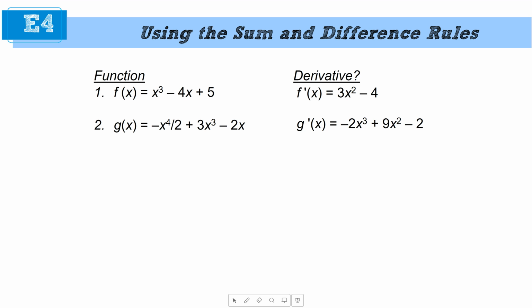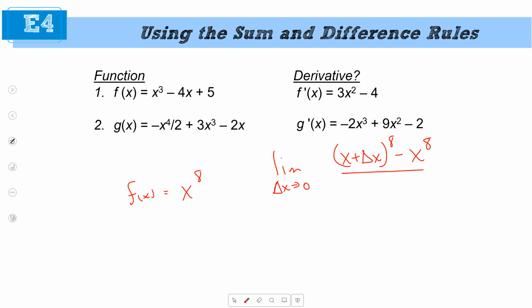I would argue that this is a lot easier than what we did yesterday. So can you imagine having to take the derivative of x to the 8th using yesterday's limit process? In case you can't, I'll show it to you. You would do the limit as delta x approaches 0 of x plus delta x to the 8th power minus x to the 8th all over delta x.